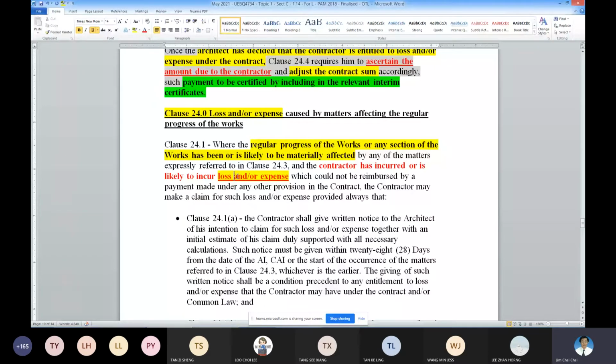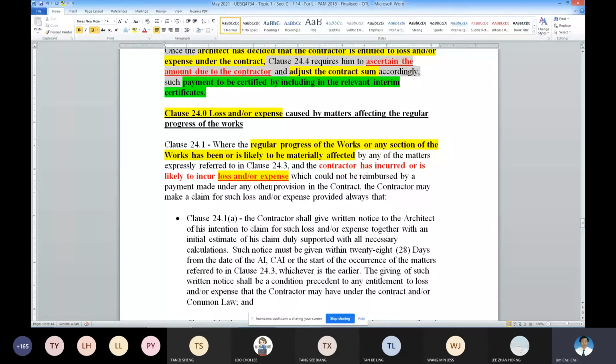Then your calculation for your loss and expense for that particular item, repeat, for that particular item, is not the 20 or 50 that was applied by the contractor and evaluated by the architect, but the arbitrator's final figure. So your loss and expense computation will be based on 40 days for that particular activity.